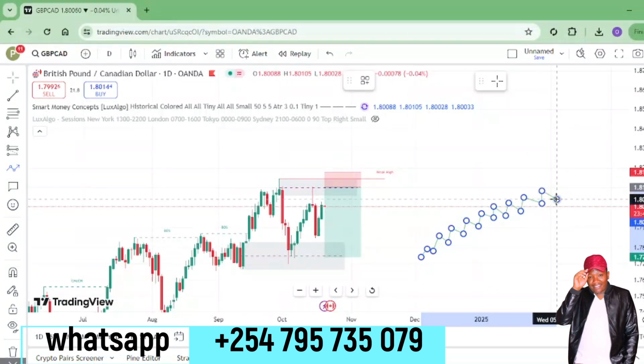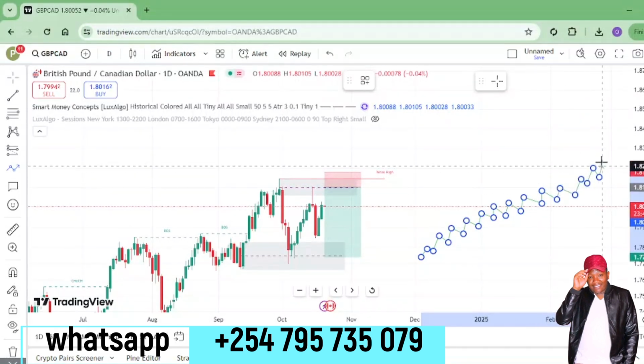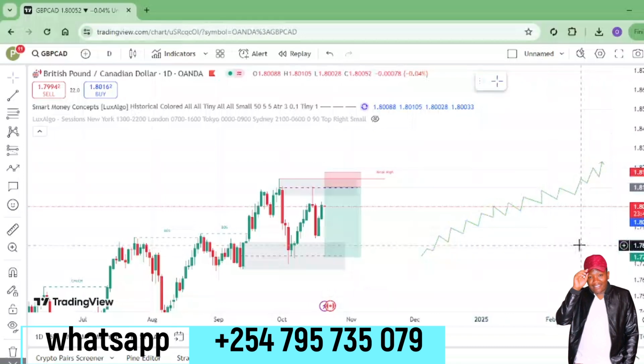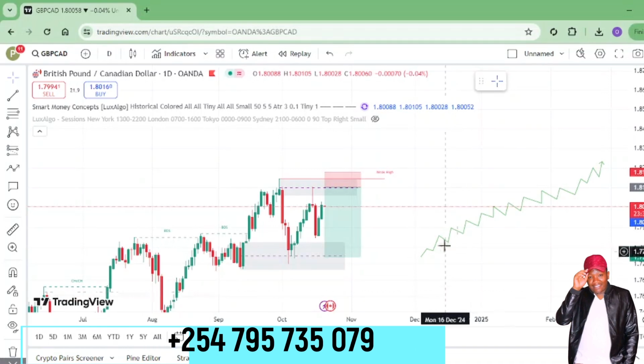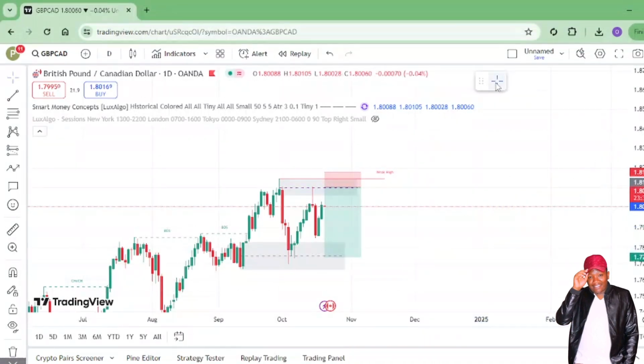Once you put your pending order on the 50% of that rectangle, the market will come and hit you, sniper entry, and go in your direction. And for you to get a sniper exit, put your take profit on the 50% of that rectangle. It's as easy as that.